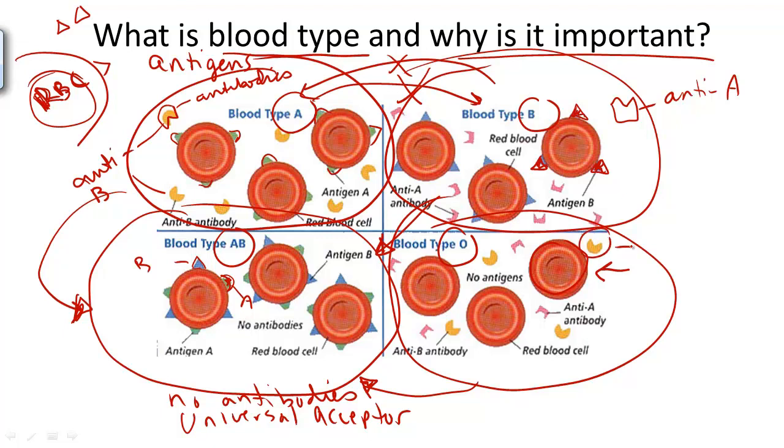It actually produces anti-B, anti-A, and obviously that would attack any red blood cells that had AB antigens. So it's going to defend itself against all these other types. So does it want to accept any types of blood? No way. It would result in clumping.